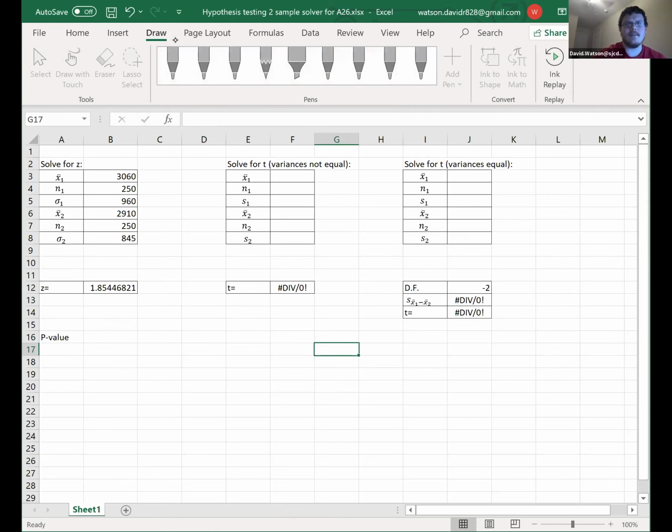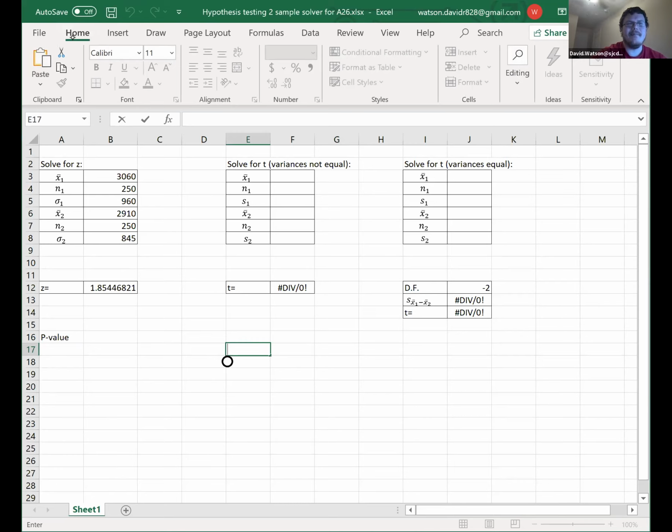Excel's not letting me draw right now, but essentially this is the one with just the tails on each side. Our Z is positive, so that means we have the right tail that we want to find first. So here's what we do.